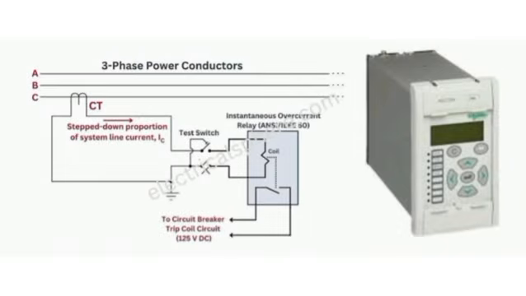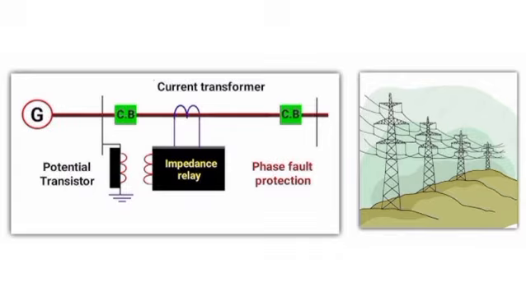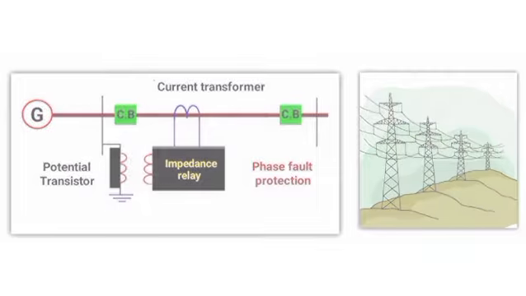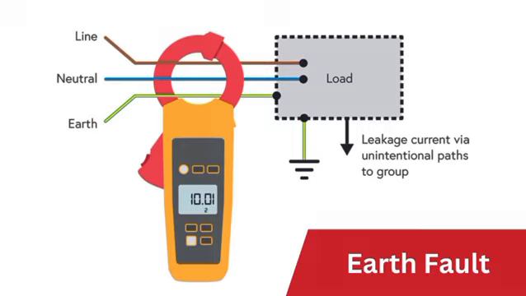Overcurrent protection protects against excessive current caused by short circuits or overloads. Distance protection is used in transmission lines to measure the impedance between the substation and the fault location. If the impedance drops below a threshold, the relay trips the breaker. Earth fault protection detects leakage currents to the ground and isolates the faulty section.